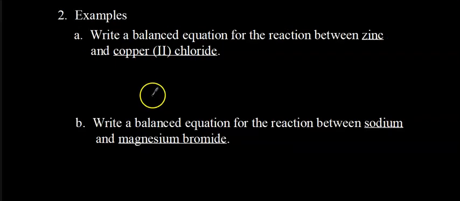All right, let's take a look at some examples. Write a balanced equation for the reaction between zinc metal and a solution of copper(II) chloride. So notice I'm changing the wording up a little bit, just abbreviated it in the notes. So reaction between zinc metal and a solution, aqueous, copper(II) chloride. So we are given the names of the reactants, so we'll start with those.